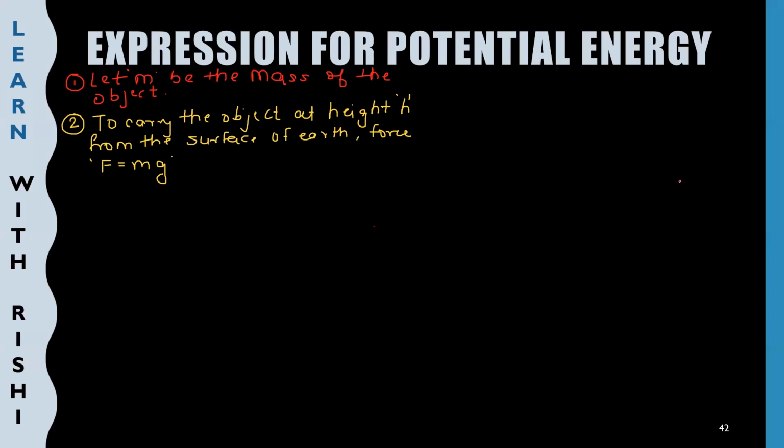So to carry the object at height h from the surface of the earth, force F equal to mg has to be used against the gravitational force. So this is the important point of the expression.